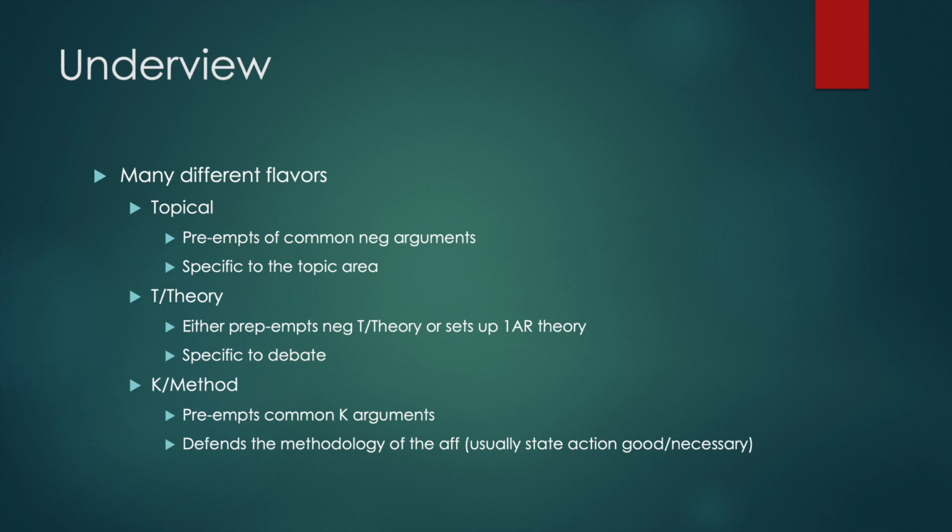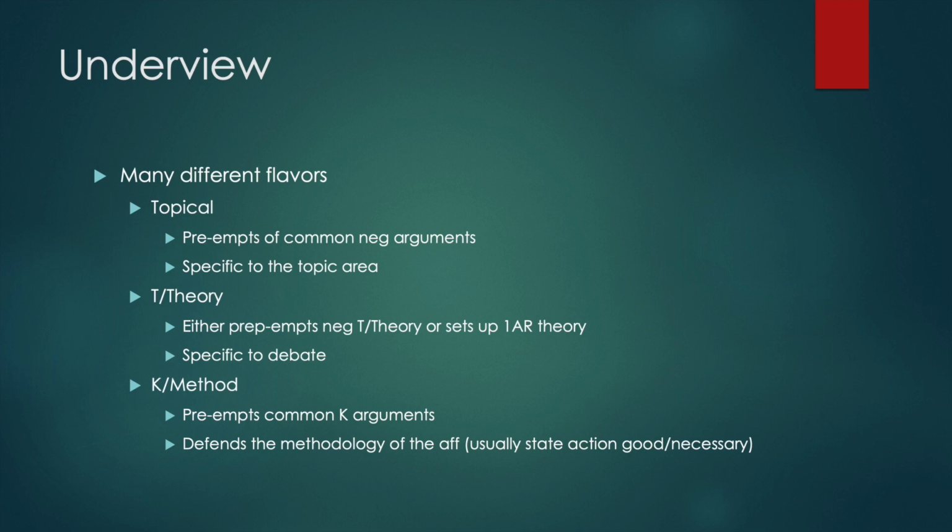It can be topical, like preempting common neg arguments, like saying alternative forms of renewable energy fail, or the economy is resilient now, so there's no econ disad. So it's specific to the topic area, hence me calling it a topical underview, but it preempts common negative arguments on this topic.